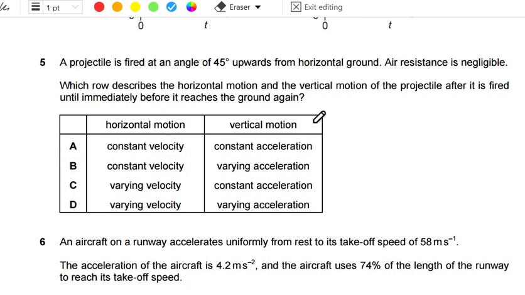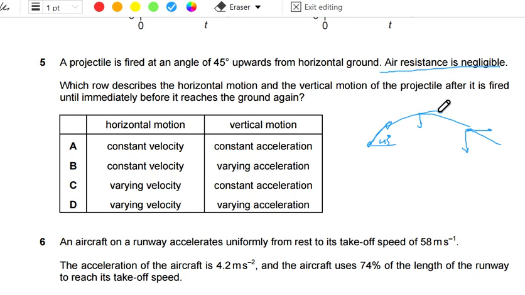So for a projectile, we know that we have acceleration only in the vertical direction at any point along the path of the projectile. The horizontal component of velocity is the same, and the vertical component just increases if there is no air resistance.